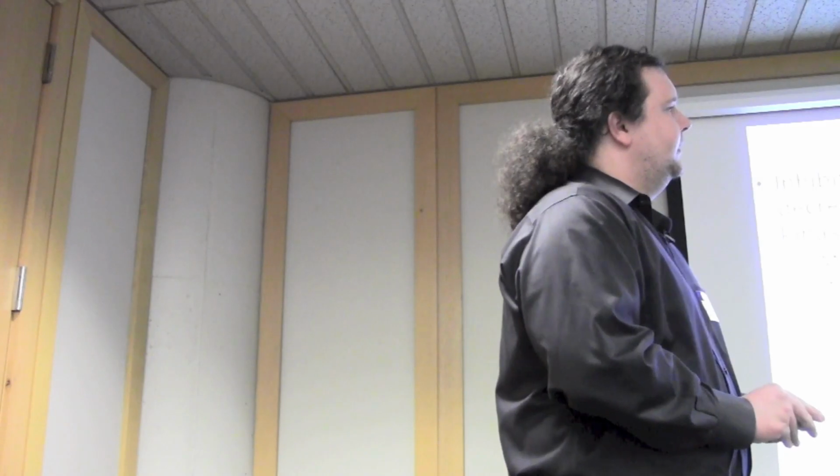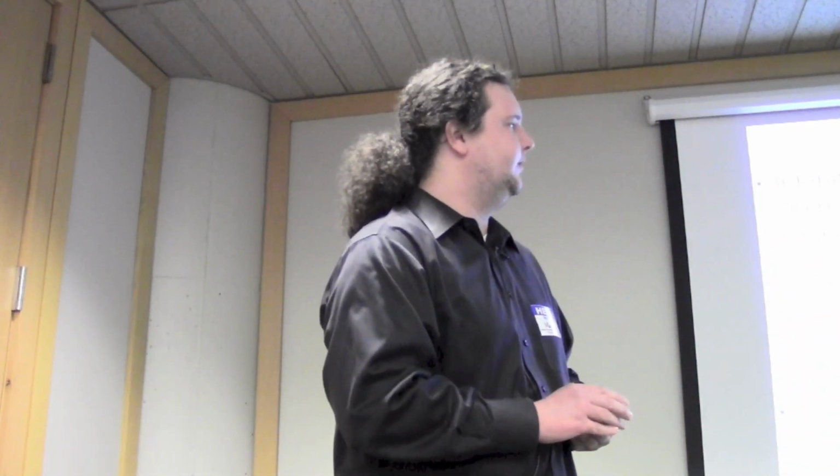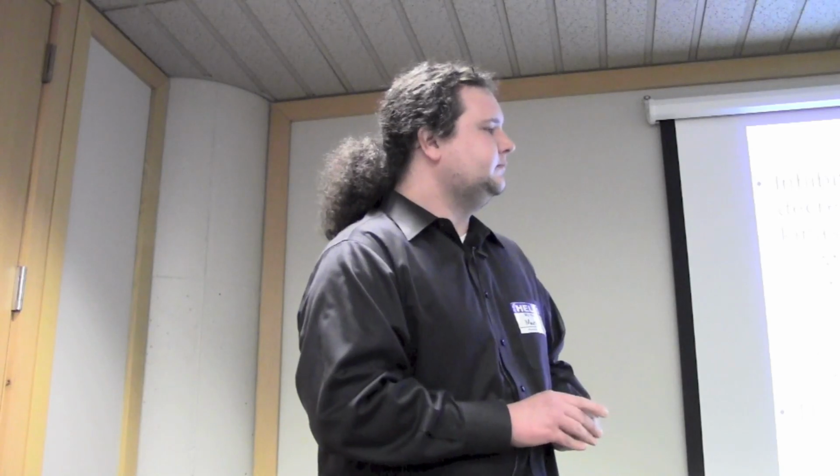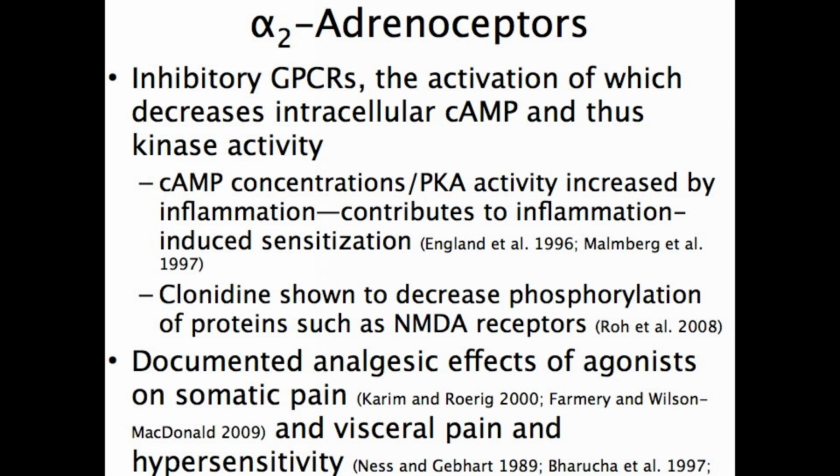So there have to be other mechanisms. We know that other drugs work by decreasing the amount of phosphorylation in cells. Clonidine is a good example. It's a blood pressure medication that decreases sympathetic outflow from the brain, and it does this by reducing phosphorylation in the cells.